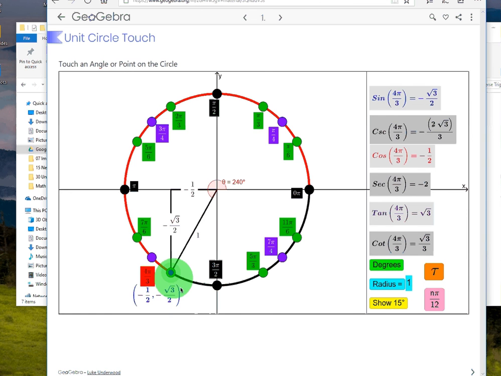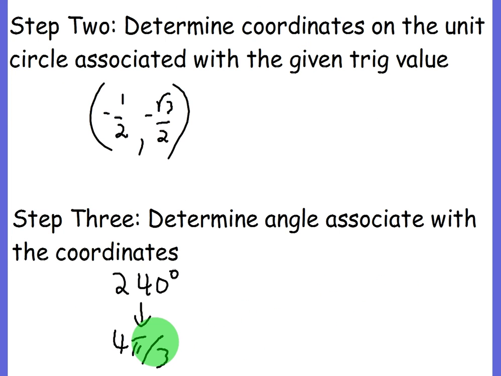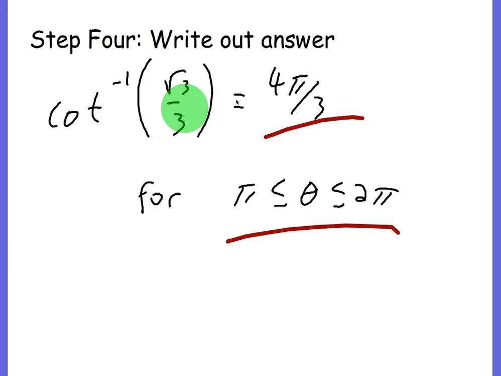Okay, and then from there, we figured out, well, if tangent equals square root of 3 at 4 pi over 3, then cotangent of square root of 3 over 3 must be equal. Cotangent inverse of square root of 3 over 3 must be true at 4 pi over 3. Again, the answer is an angle when you're talking about inverse trig functions. The input is a ratio.